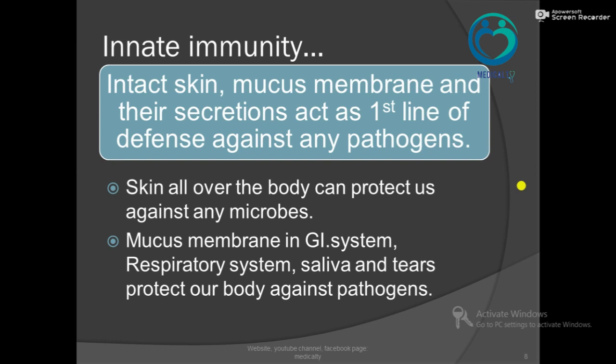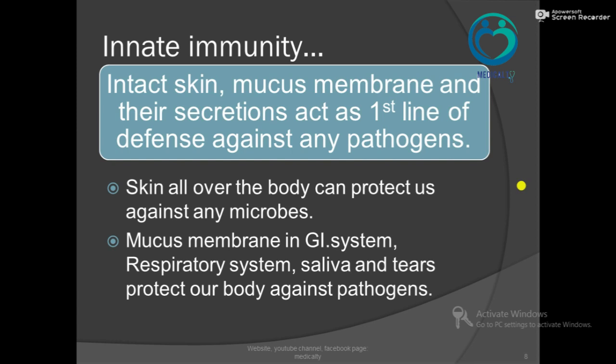Intact skin, mucous membrane, and their secretions act as a first line of defense against any pathogens. Skin all over the body can protect us against any microbes. If we have any cut in our skin, that site will allow microorganisms to enter the body and lead to diseases.